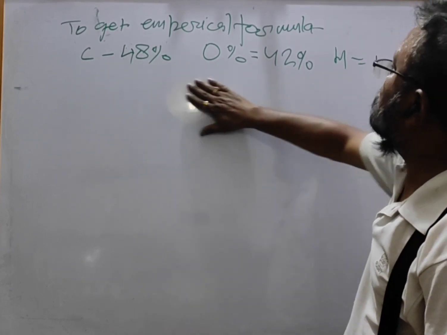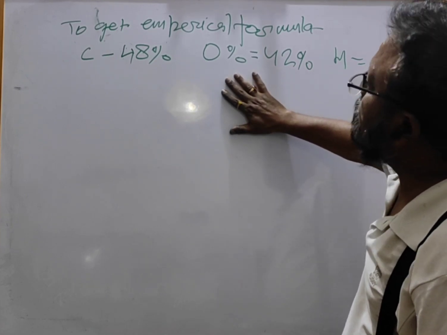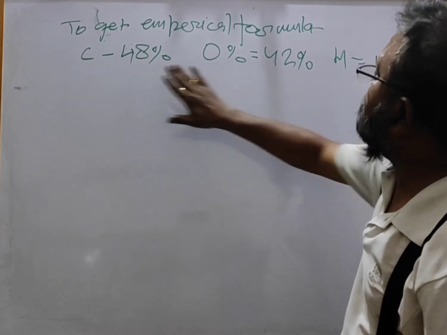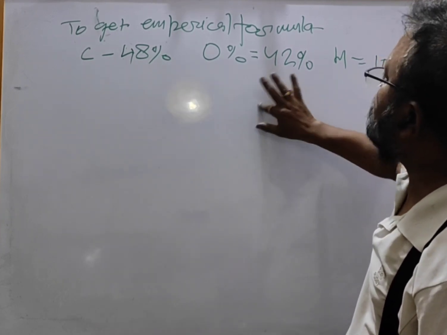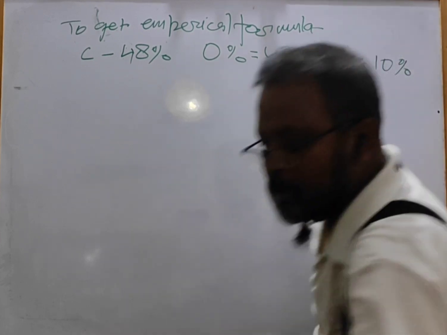So this is percentage. You have 100%. 48 plus 42 becomes 90. 90 plus 10 becomes 100. Right? 100%. Fine.